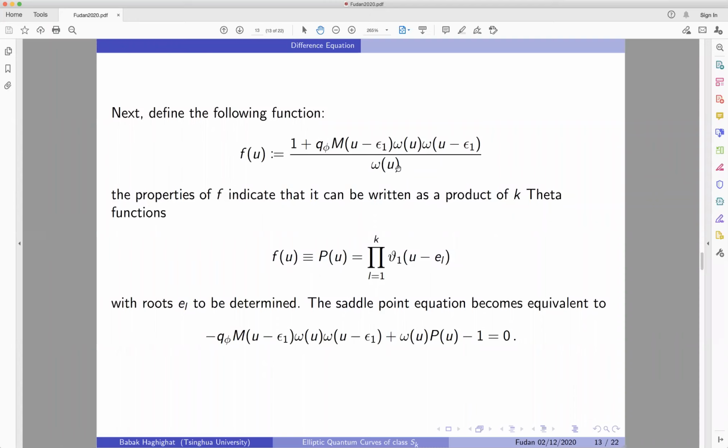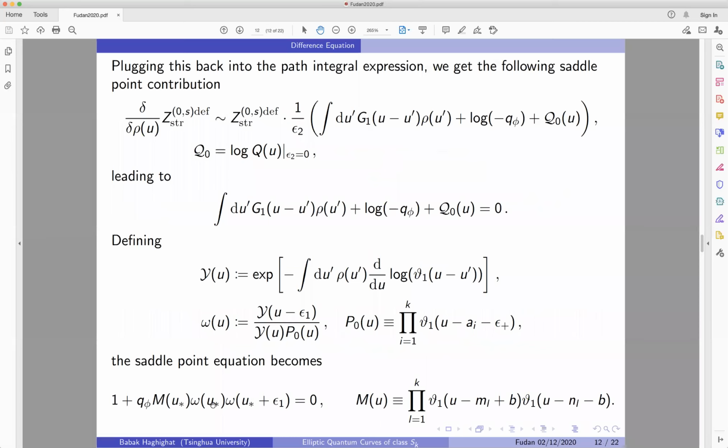And if you go through all the steps in the derivation, you will realize that this u star is not only a zero of this, but it will also be a zero of the denominator. Actually, this is a bit shifted. This is not exactly the previous piece, but we have shifted everything by minus epsilon 1.